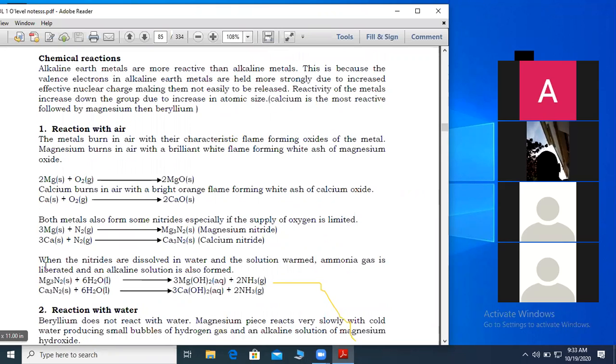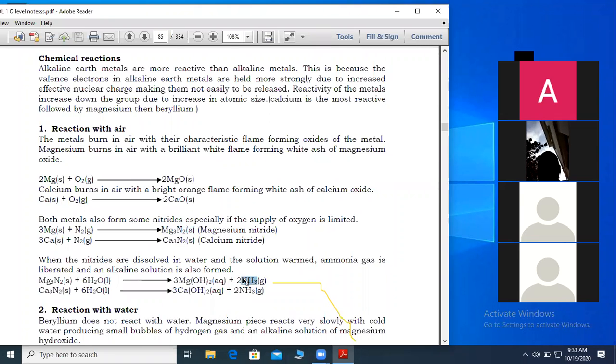However, when these nitrides, magnesium nitride and calcium nitride, are dissolved in water, they form hydroxides and ammonia gas. This is the formula for ammonia gas, NH3, because nitrogen has a valence of 3 and hydrogen has a valence of 1.